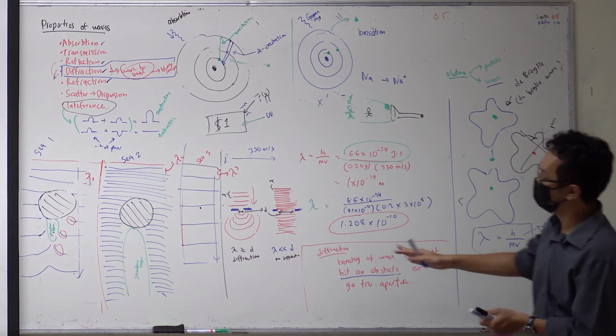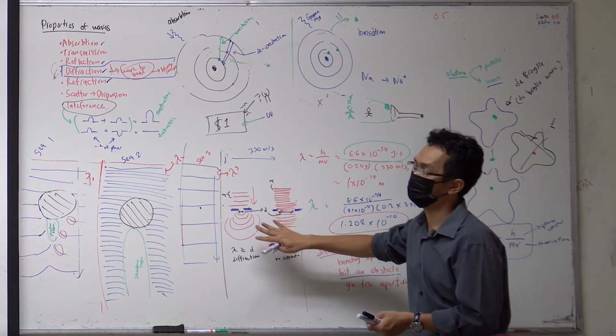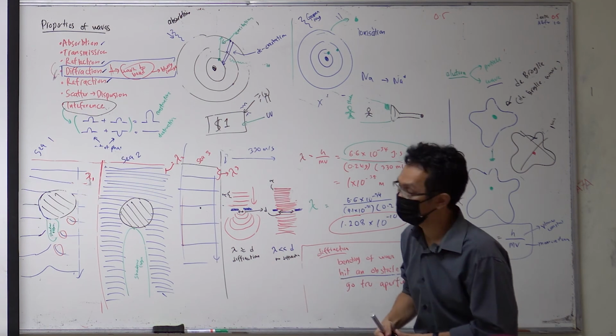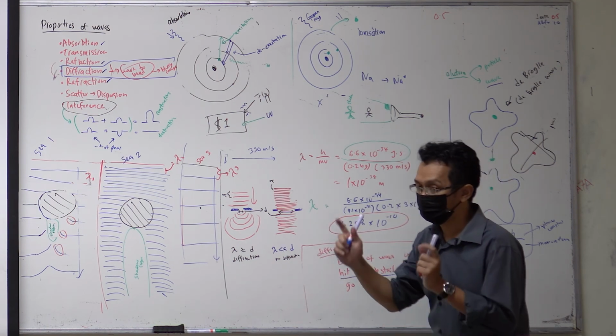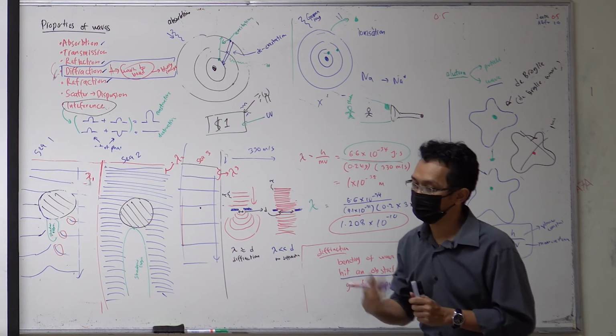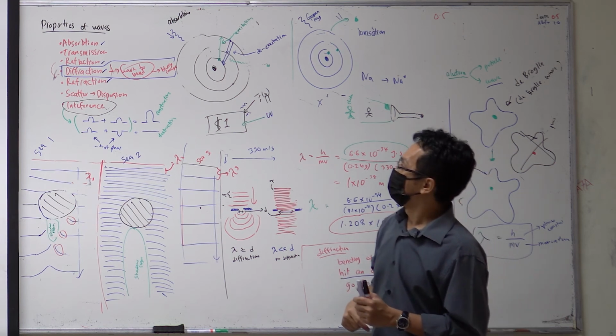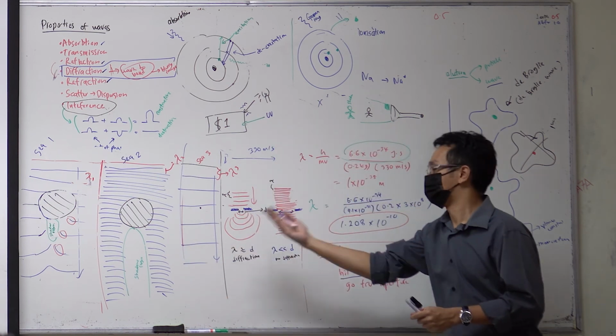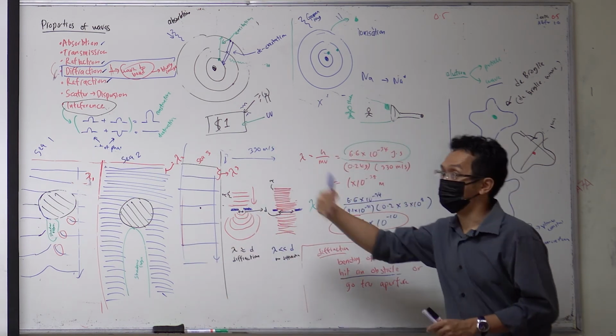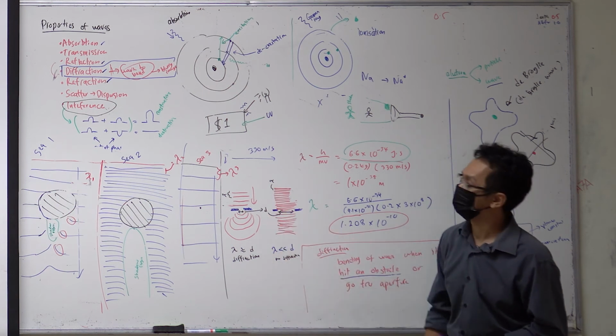We will maybe go a little bit further later on when we talk about XRD. Because XRD, the tool that we use to look at small objects, the term XRD itself means X-ray diffraction. So we want to see why they use X-ray, and why there is diffraction there. We will learn about that later on.